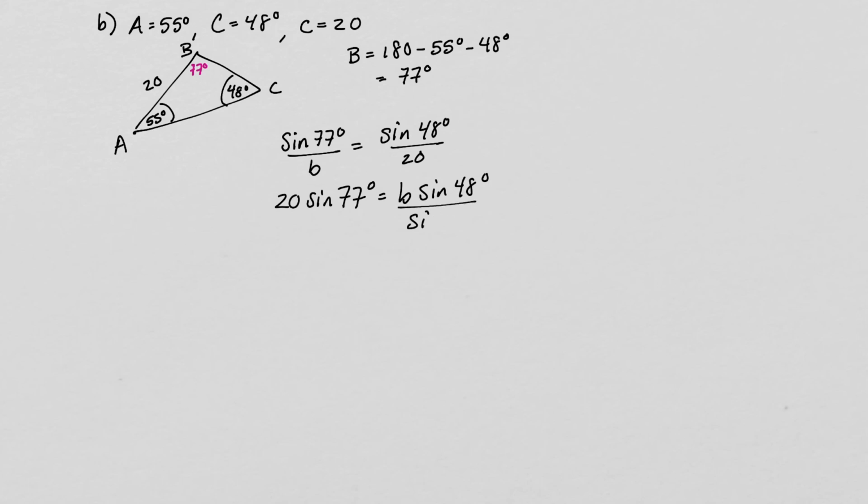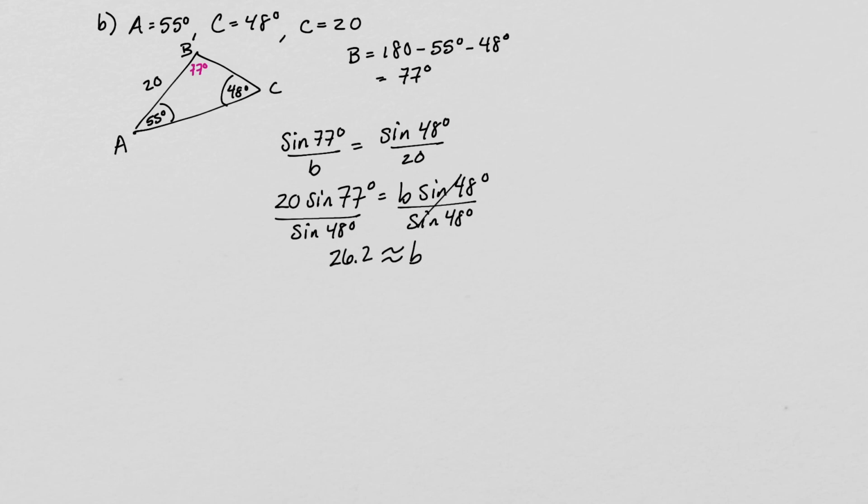Divide both sides by the sine of 48 degrees. And if you punch that into your calculator, b ends up being approximately 26.2.